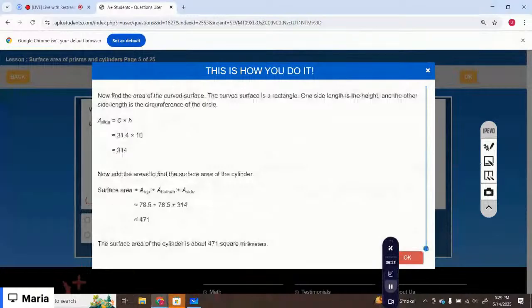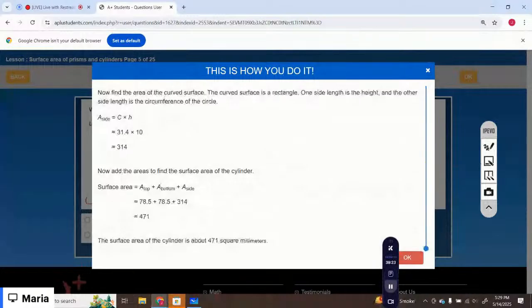So you need to add all, the side area equals C times H. So you need to calculate the area of top plus area of bottom plus area of side.